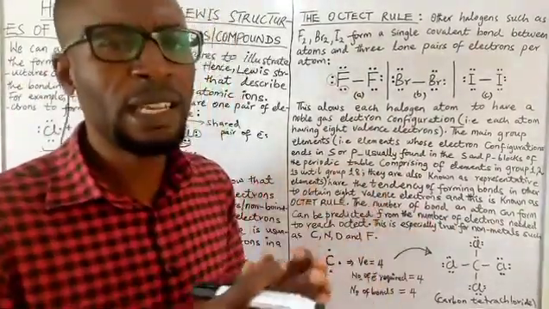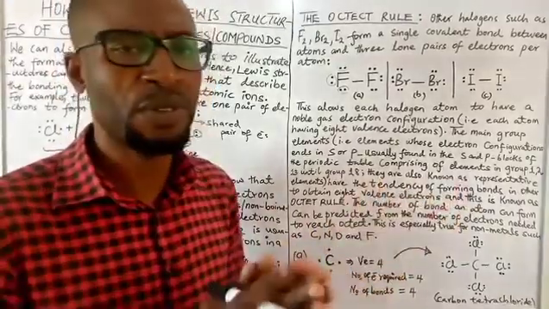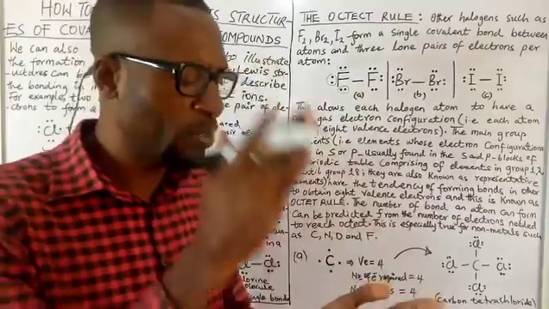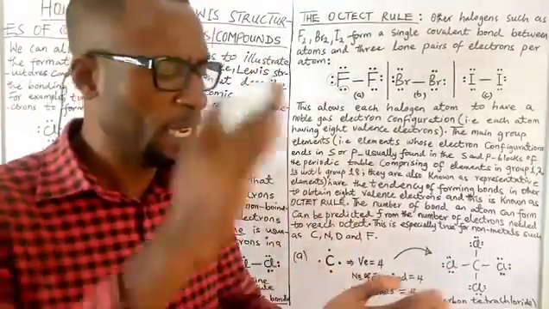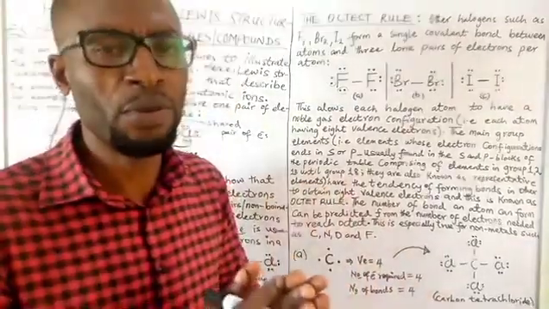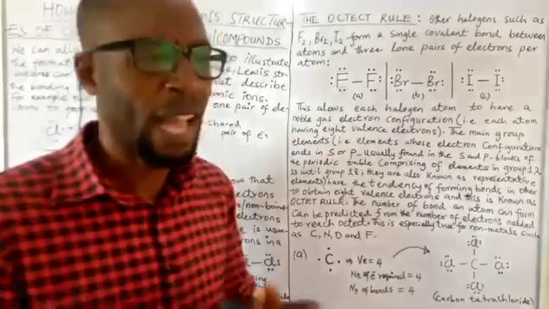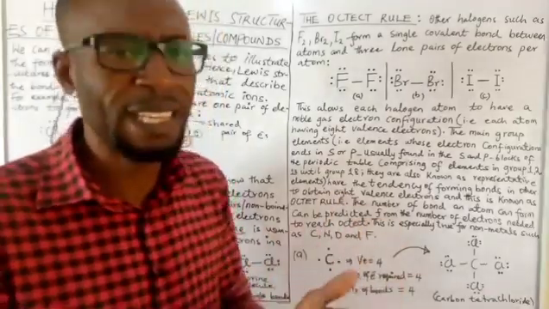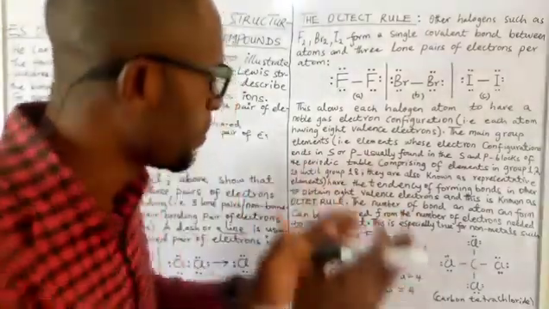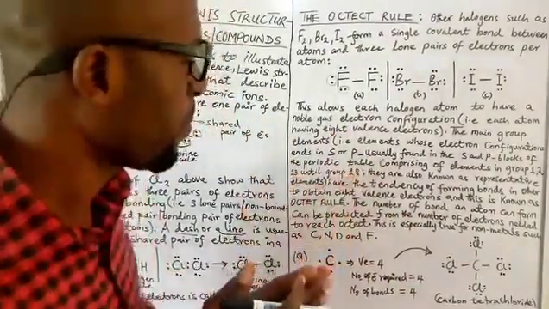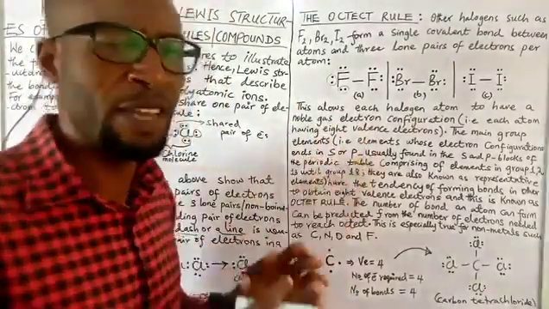I'm going to dedicate a series of video lectures just talking about transition elements, their characteristics, how they're used in making coordination compounds, and how they are involved in catalysis and formation of colored compounds.